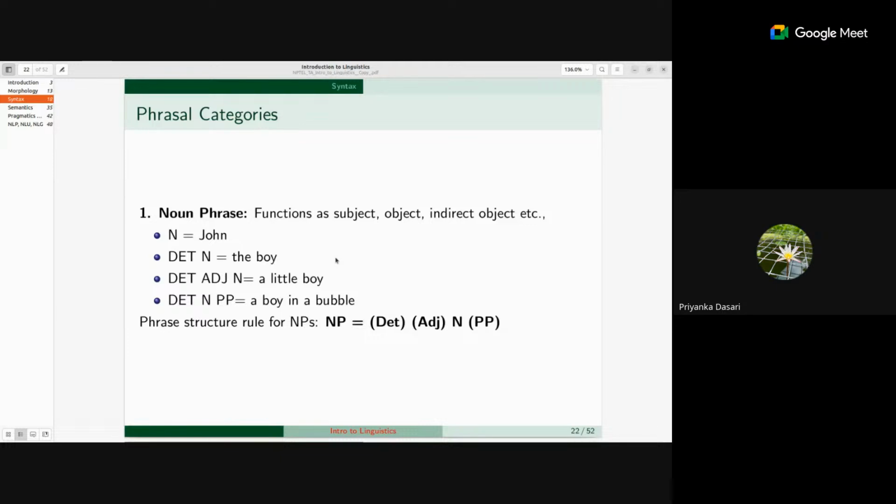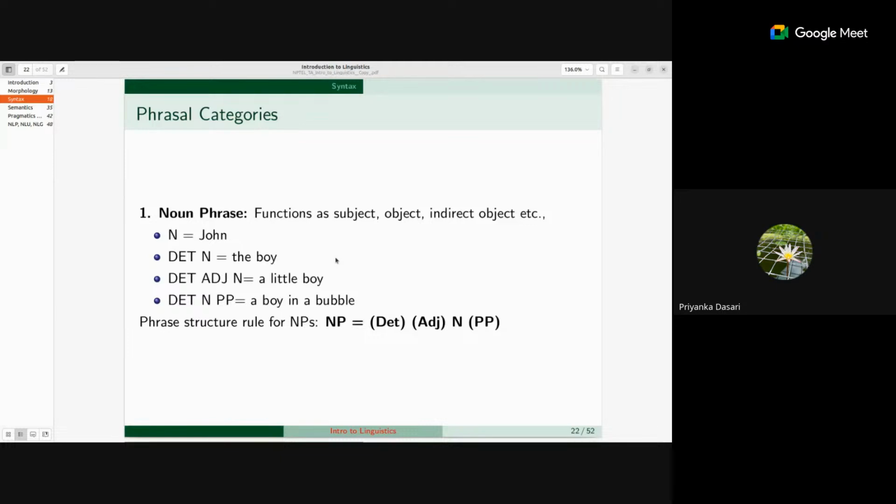A noun can occur with a determiner. For example, noun: John; determiner plus noun: the boy; determiner plus adjective plus noun: a little boy; determiner plus noun plus prepositional phrase: a boy in the bubble. In this way, phrase structures are formed.